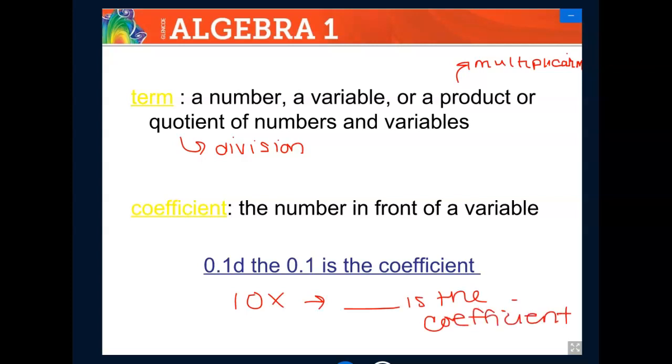Any guesses? Go ahead. So that would be the answer in the first problem. Look at my new problem. I wrote down 10x now. So what's the coefficient for 10x? Not trying to trick you. I'm just creating a new example. I got to make sure we know what we're saying.